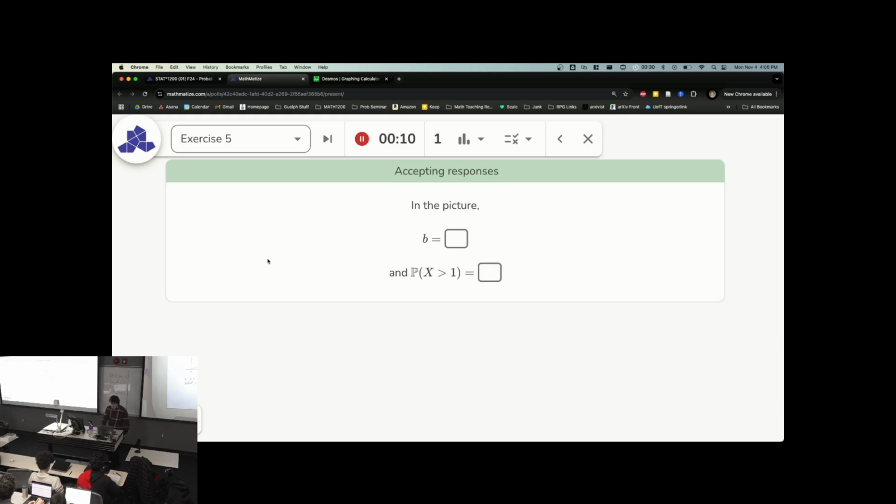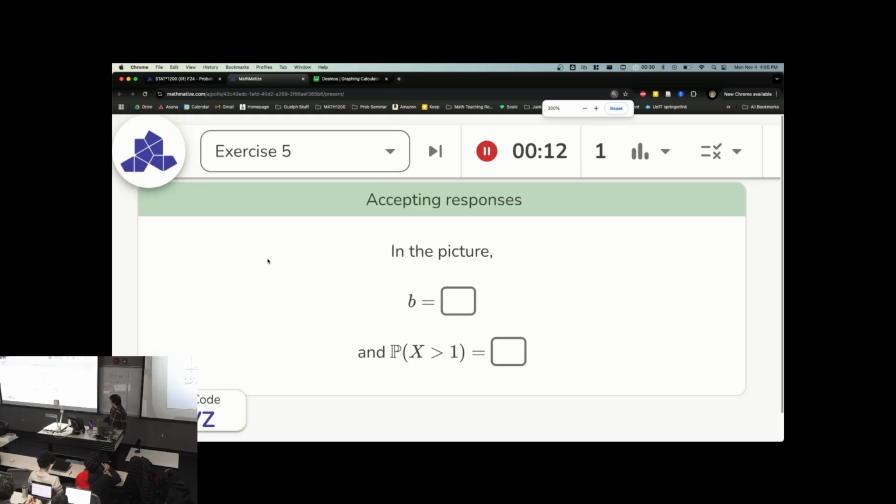Okay, it's live. You can put in what you think the value of b is, and then what you think the probability that x is bigger than 1 is. We're talking about this picture over here. Mihai is giving you a hint with what he's looking for, because the very first thing, which many people forget on a test, is you've got to solve for b. People often try to put answers in terms of b, but no, you can solve for b.